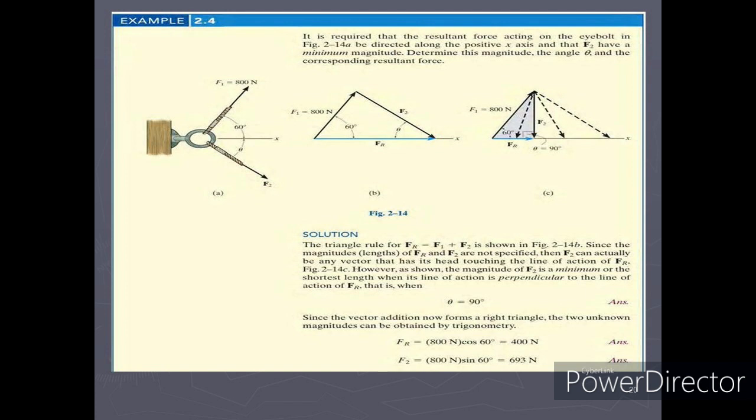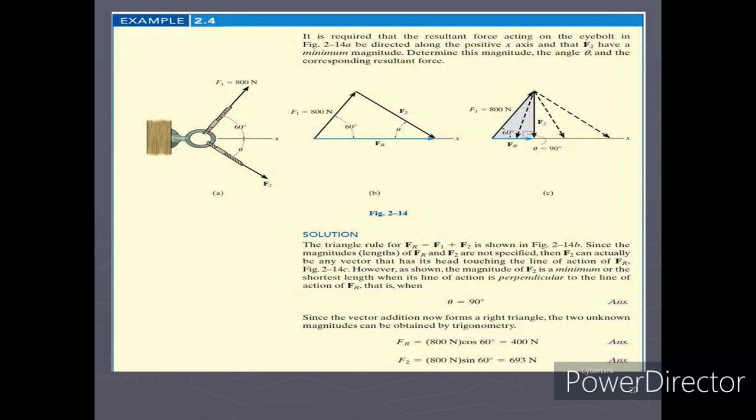This is the smallest. When you go beyond 90 degrees, it keeps on increasing. So the smallest magnitude that F2 can assume is when it is vertical. It's when the angle theta is 90, right? So theta equals 90. And then this is now a right angle triangle, which you can find F2 and FR. Very straightforward. Are you following?